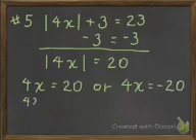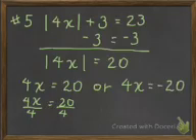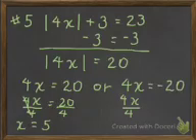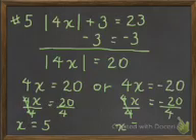Solving for x, we get x is equal to 5, and over here we get x is equal to minus 5. So our solution is x is equal to 5, x is equal to minus 5.